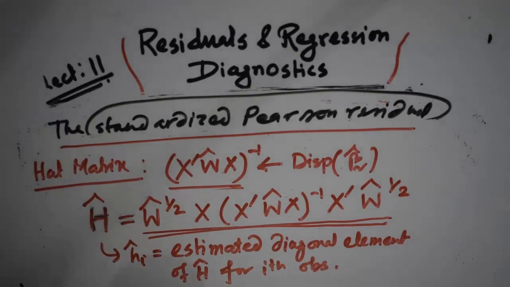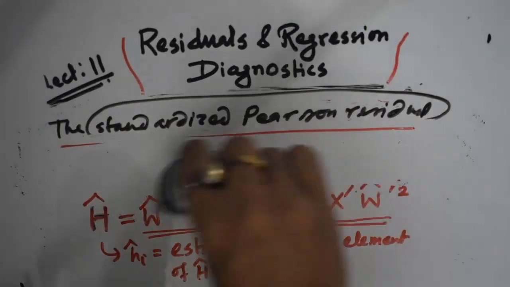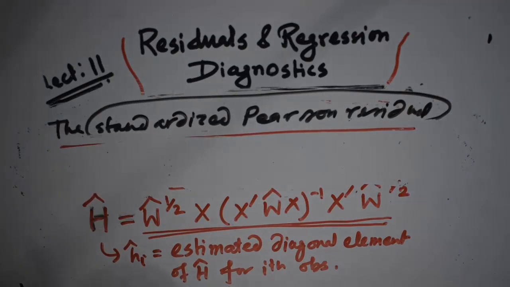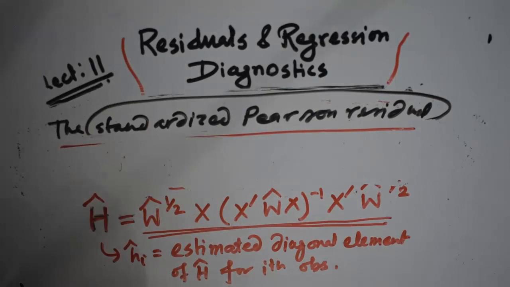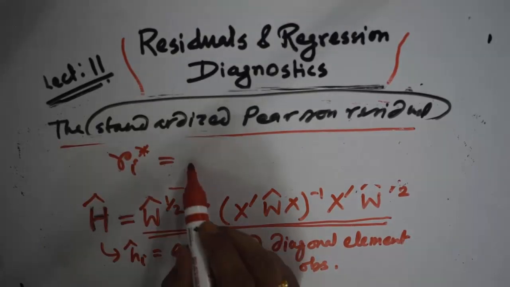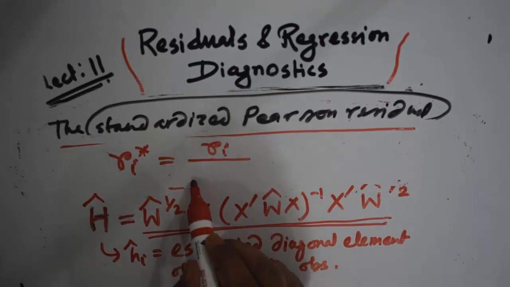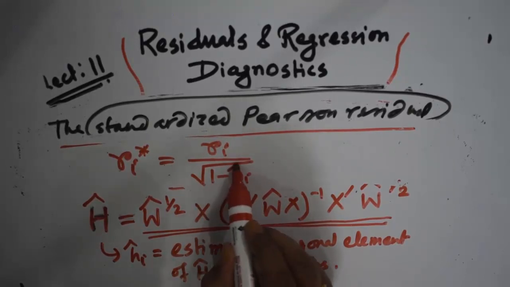Then, the same way as defined in the multiple linear regression model, that is the studentized residual, here we define the standardized Pearson residual Ri star, instead of Ri, equal to Ri, the Pearson residual, divided by root of 1 minus Hi hat.